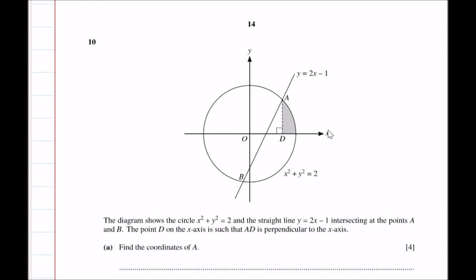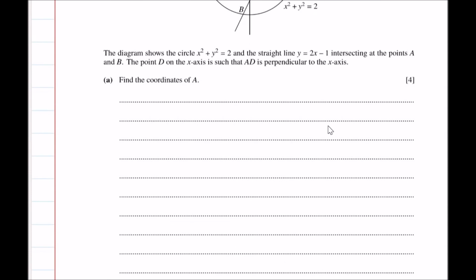So what we need to do? We will substitute y equal to 2x minus 1 in the circle equation. Let's see how to do it. The circle equation is x squared plus y squared equal to 2. So we have x squared as it is, and for y we have 2x minus 1.